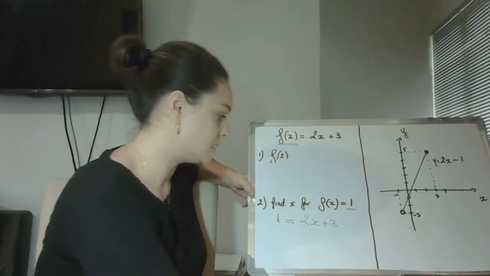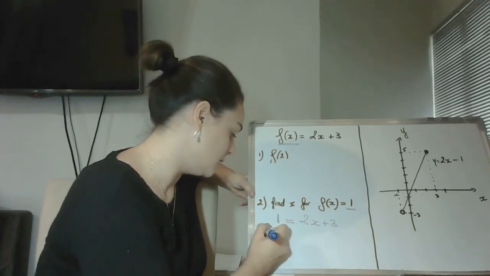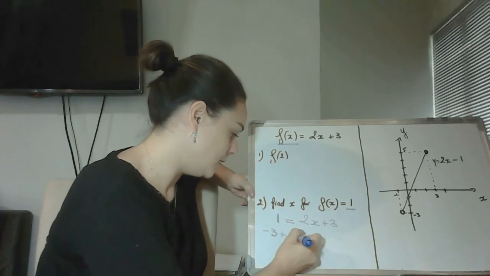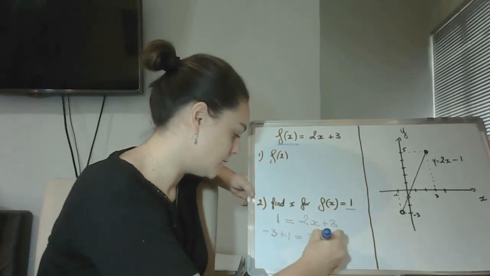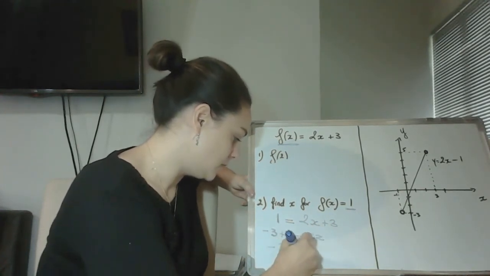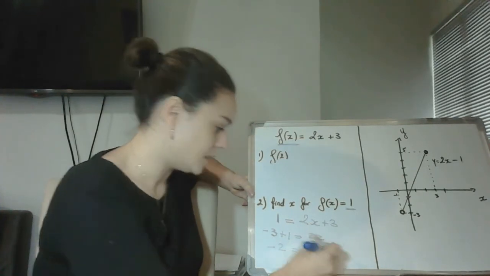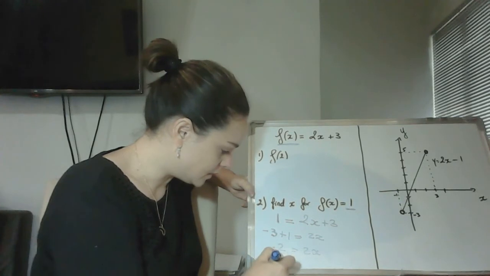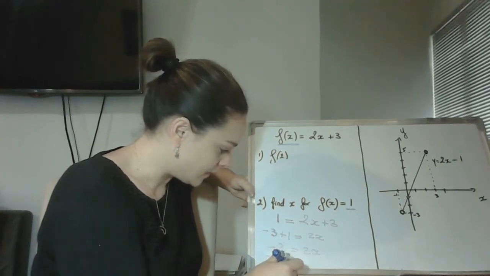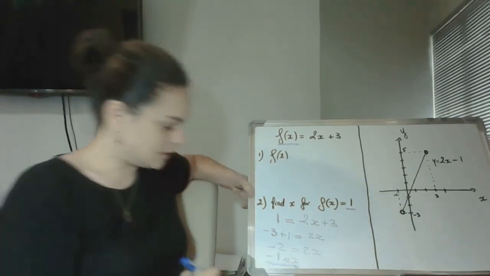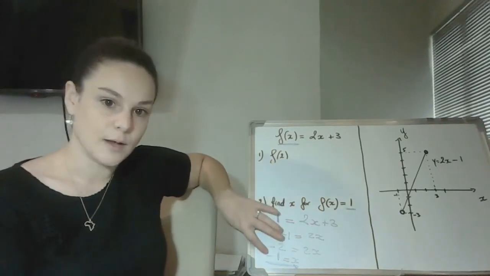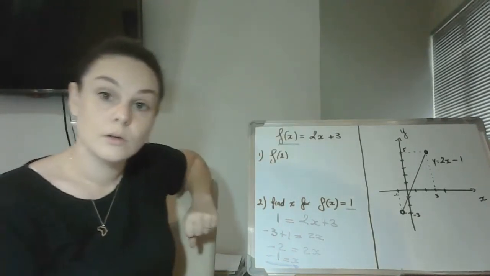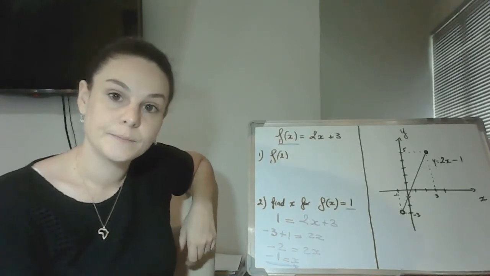Then you would take the 3 over, that would be minus 3 plus 1 equals 2x. That is minus 2 equals 2x. And then you divide by 2 left and right to get minus 1 equals x. And that's your answer. If x is equal to minus 1, the function would give you 1 as a result.